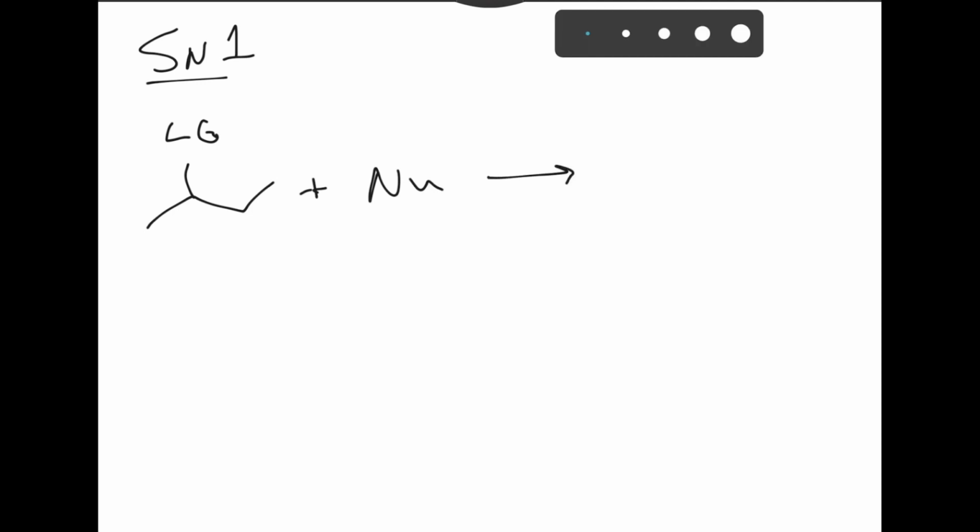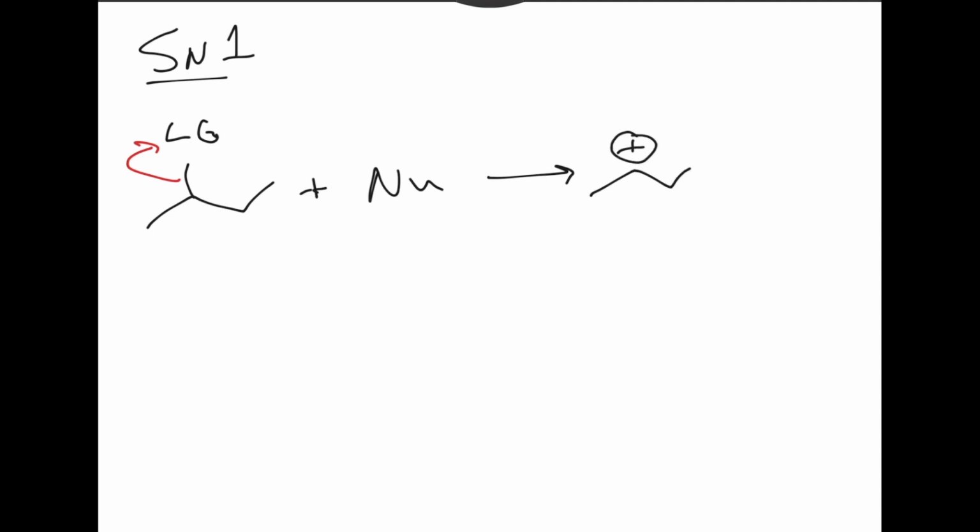SN1 reactions. The first thing you're going to notice here is that in the SN2 reactions, the nucleophile is charged. It was Nu minus. Here, our nucleophile is neutral. It has no charge. So what happens first is not that the nucleophile pushes the leaving group off. The leaving group leaves on its own.